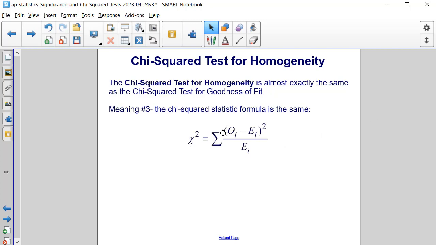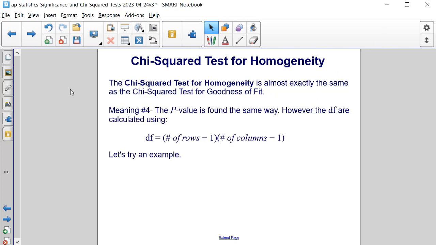Chi-squared is equal to the sum of the observed data minus the expected value or expected counts quantity squared divided by the expected value or expected counts. And remember, we have the i in subscript, meaning that depending on how many total options are in the two-way frequency table, we will have to add all of them up.